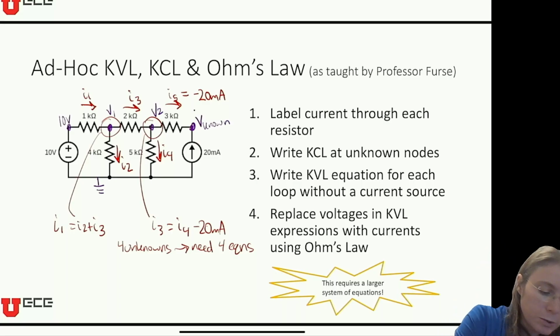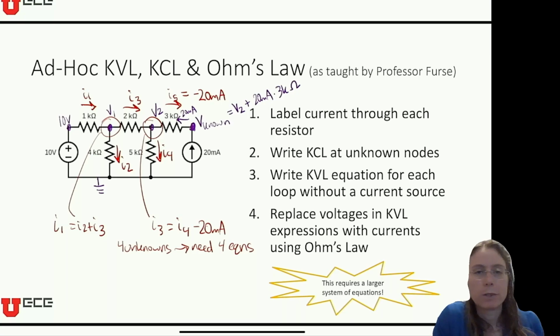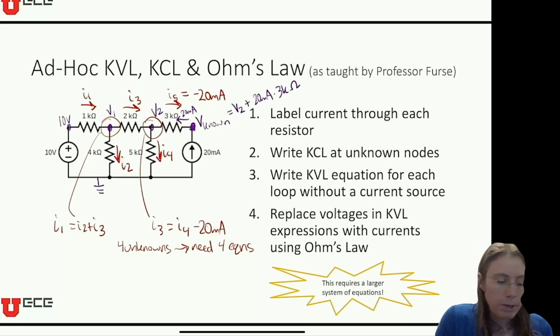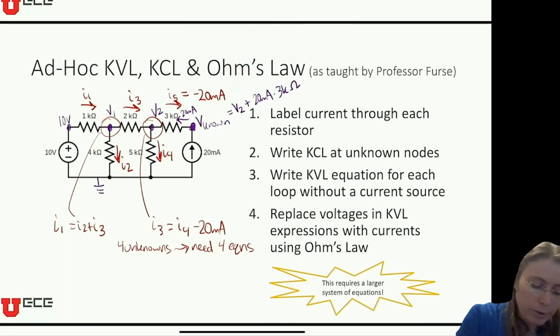Since the current is technically flowing 20 milliamps this way, this is going to be a higher voltage here than this one. So V known is going to be V2 plus 20 milliamps times 3 kiloohms.